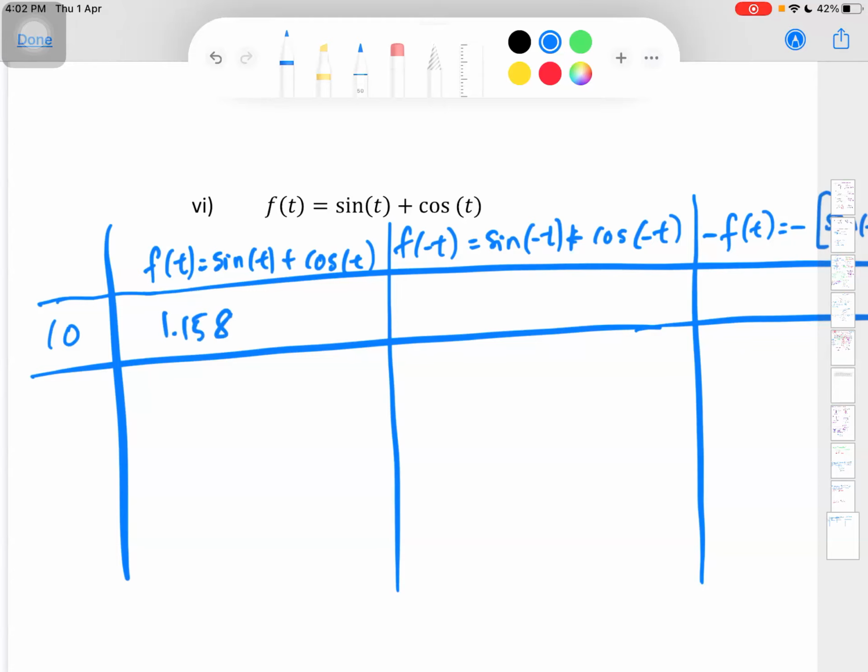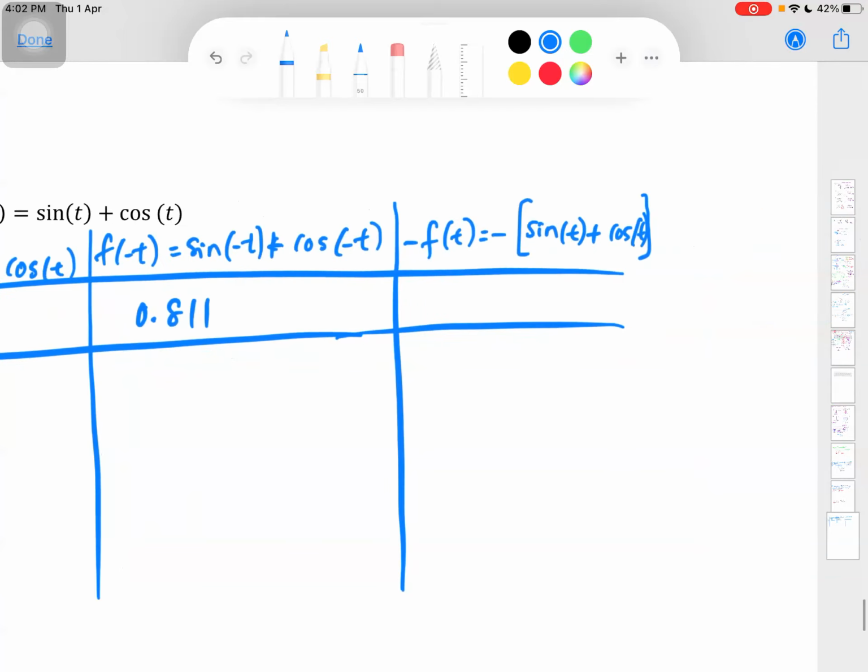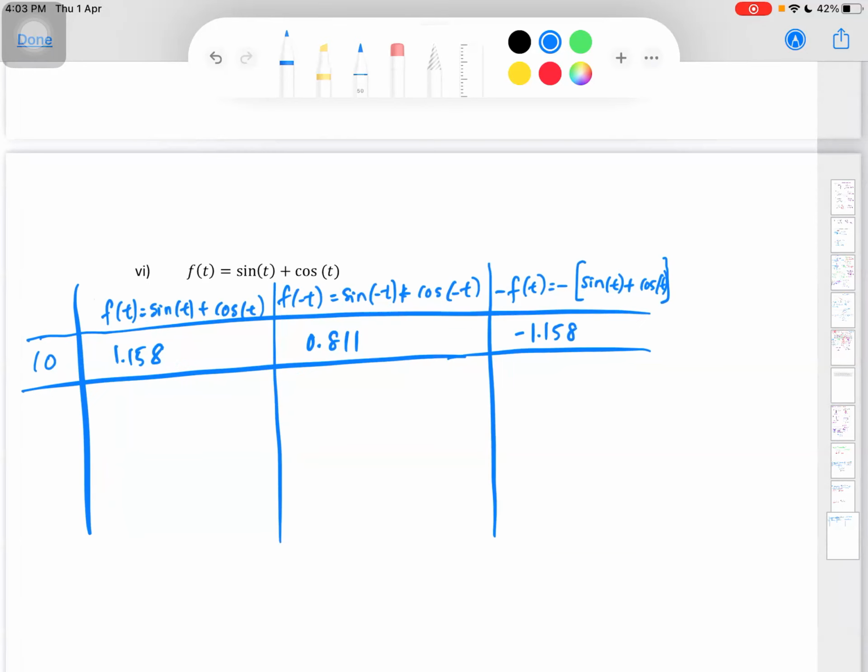If we do sine of minus 10 plus cosine of minus 10, we get 0.811. And if we do minus of sine 10 plus cosine 10, we get minus 1.158.